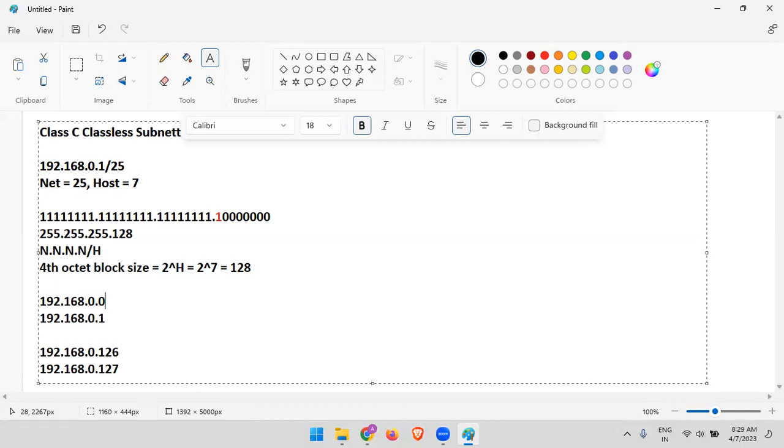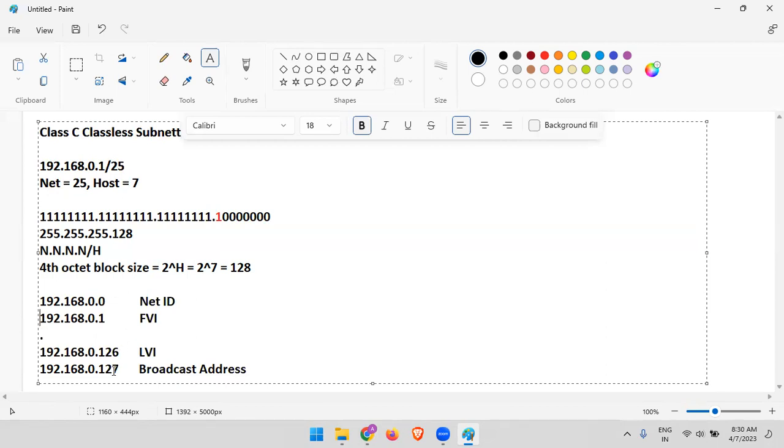The first IP is the network ID, the last IP is the broadcast address, then the first valid IP and the last valid IP. Correct? So from here we got the addresses 0 to 127.